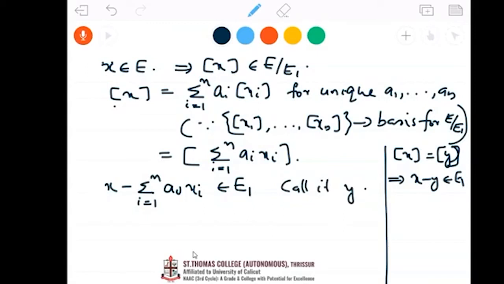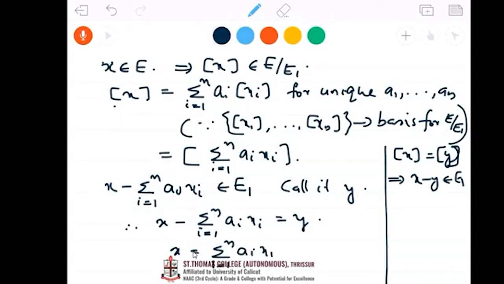Okay. Therefore, I can say that x minus summation i equal to 1 to n aixi is equal to y, or x is equal to summation i equal to 1 to n aixi plus y. So, we can express x as a linear combination of x1, x2, etc. xn and an element of E1.